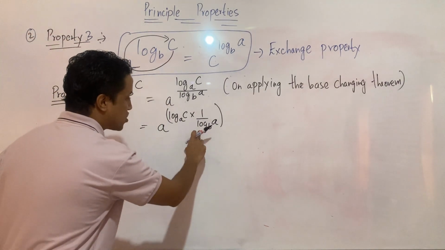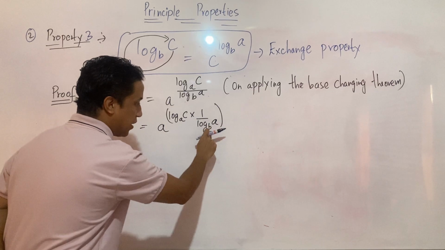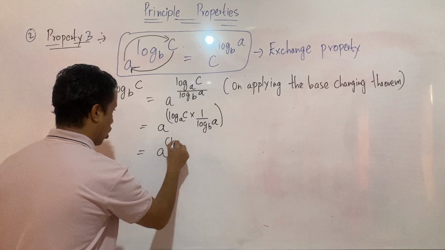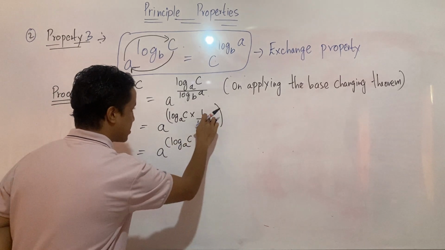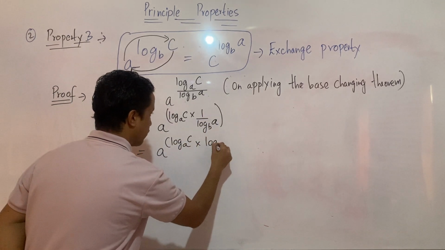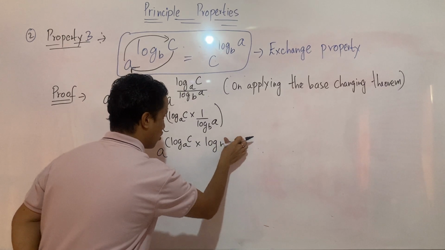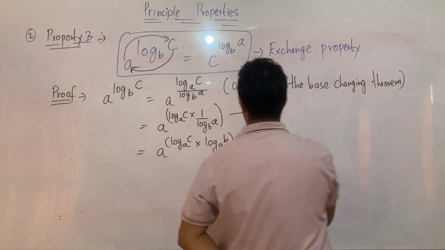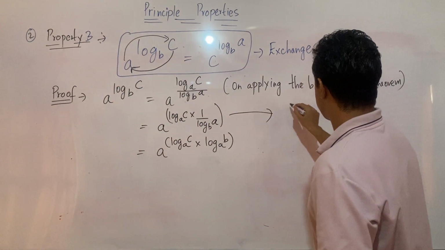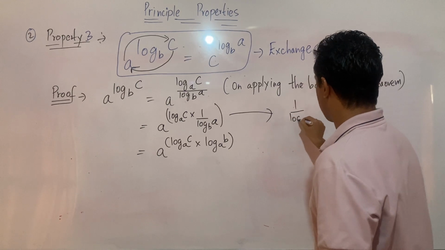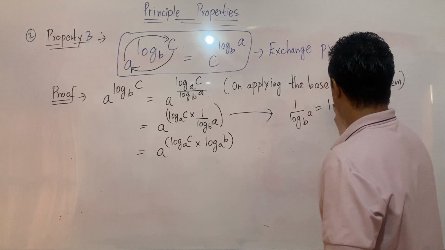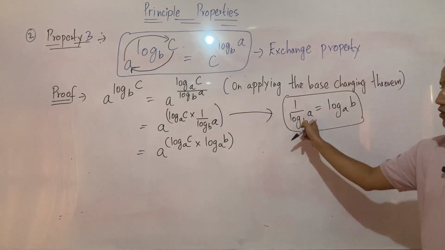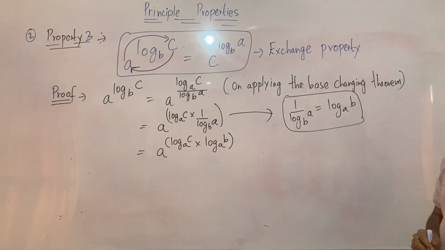Now this log a to the base b can be written as log b to the base a. Why? See what I have applied here: 1 by log of a to the base b is equal to log of b to the base a. This is what I have applied in this part, right?